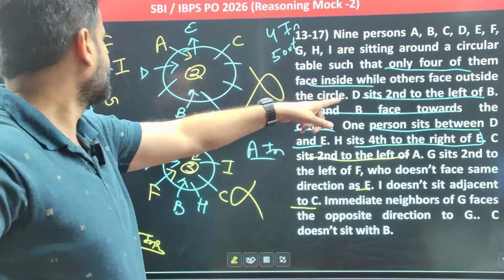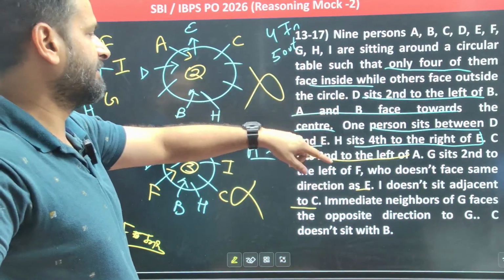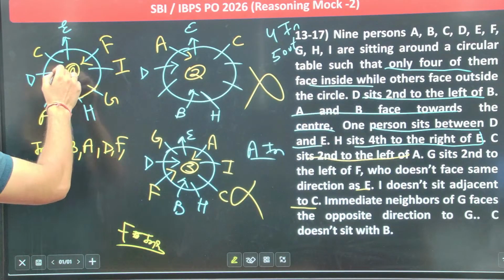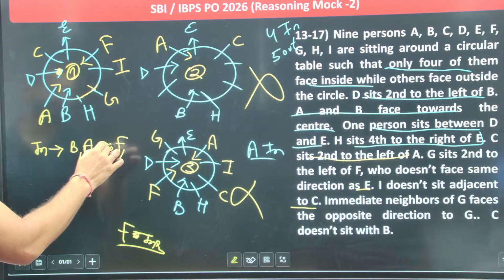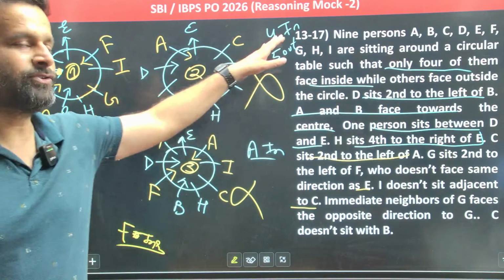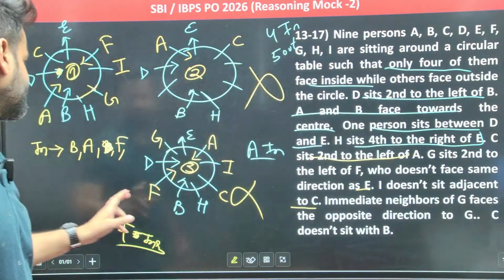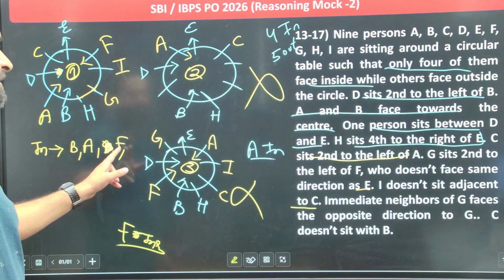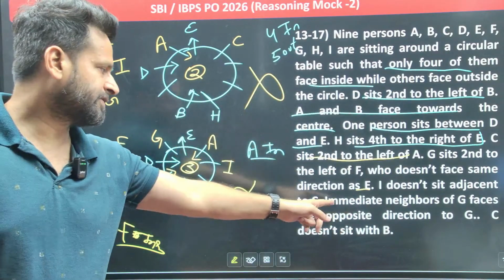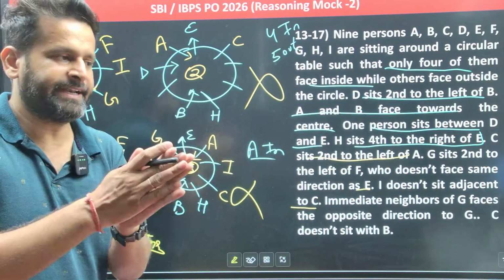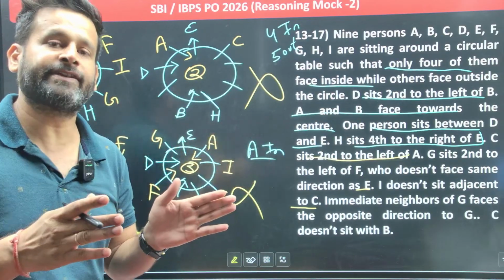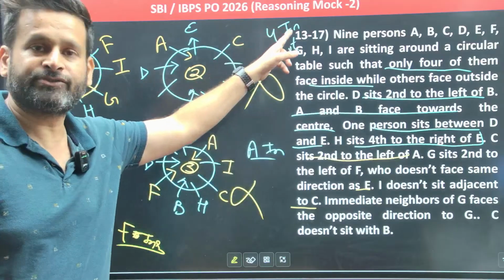D was second to the left of B, right? That will not give you the direction. So the direction of D is not there. Now, because there are only 4 persons facing inside, 3 persons are already done: B, A, F, and the condition of G. Immediate neighbors of G face the opposite direction of G. These both cannot face inside, otherwise it will be 5, while inside is only 4.